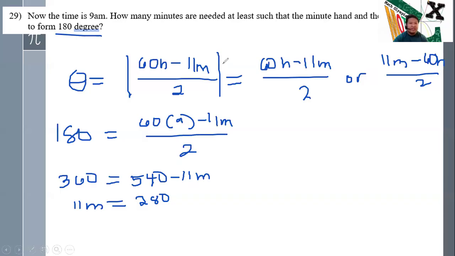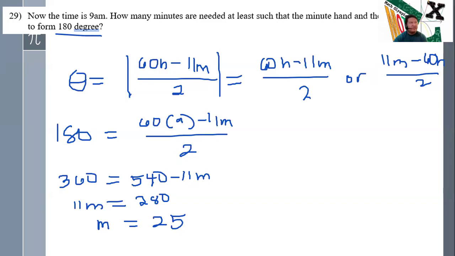Then if we divide 280 by 11, that will give us 25 and 5 over 11. So the minute is at 25 and 5 over 11.